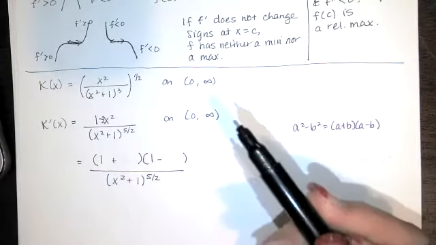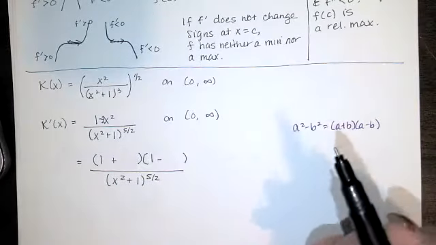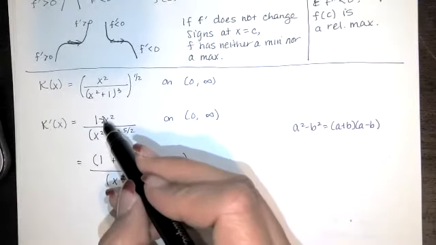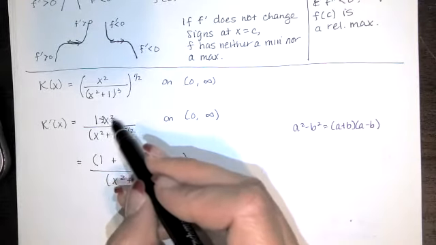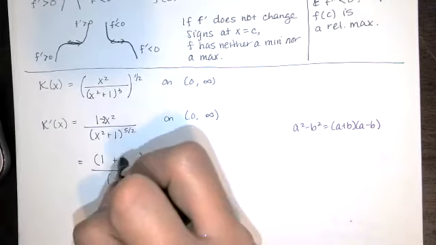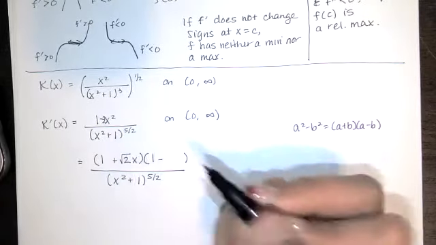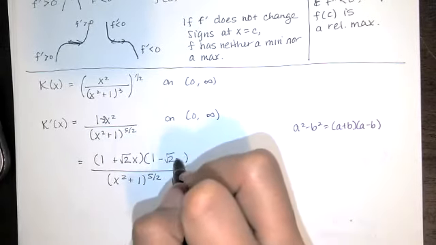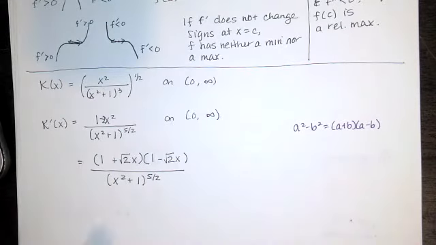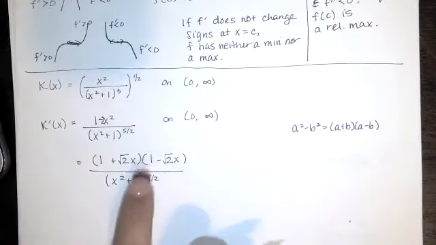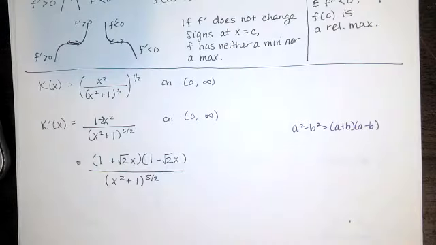Now, if that was just 1 minus x squared, we'd have 1 plus x and 1 minus x. Since we've got 1 minus 2x squared, I need a square root of 2 here. So I'll have square root of 2 times x there and square root of 2 times x there. This times this would give me a 2, and the x times x together will give me that x squared. So it still works out.